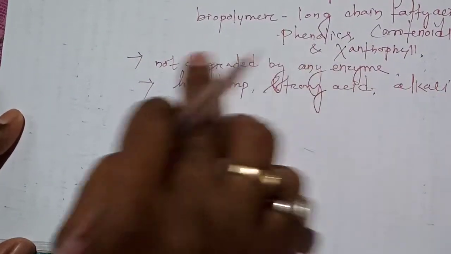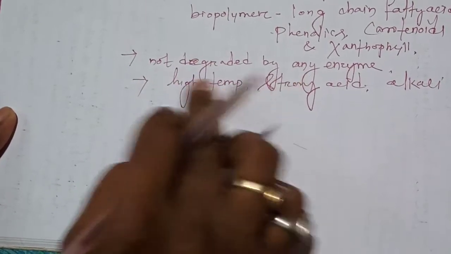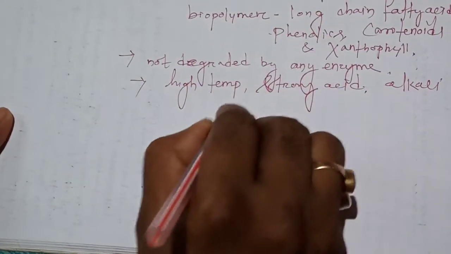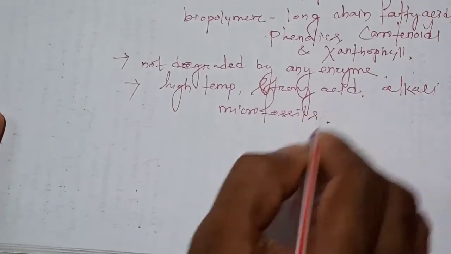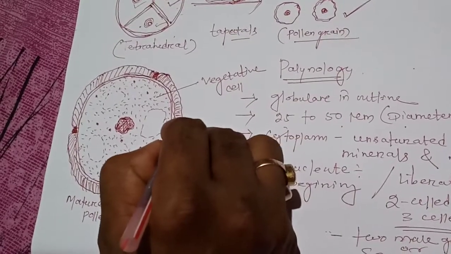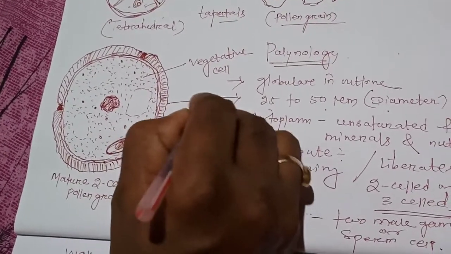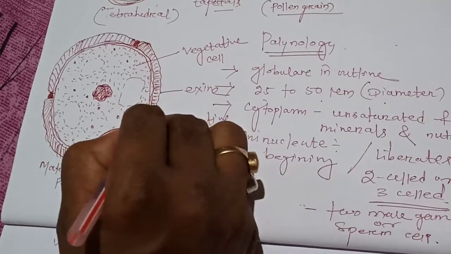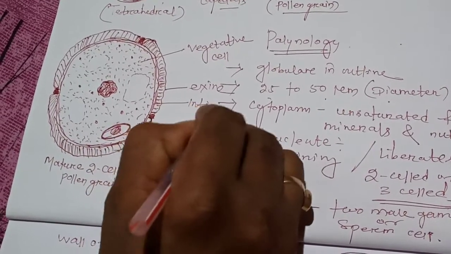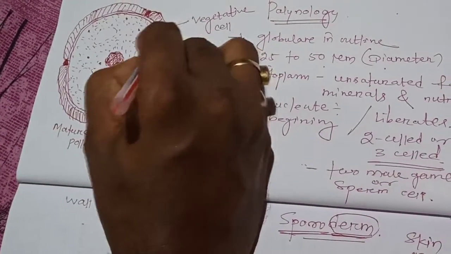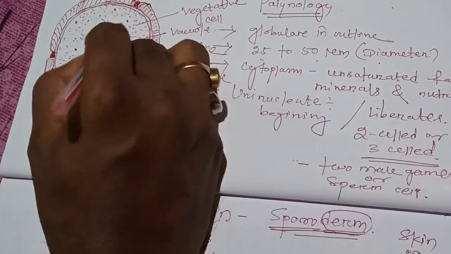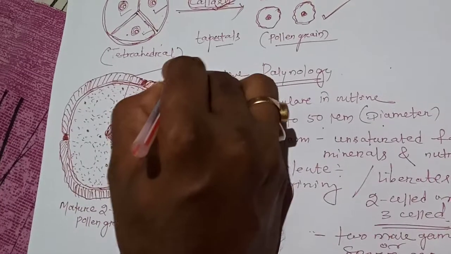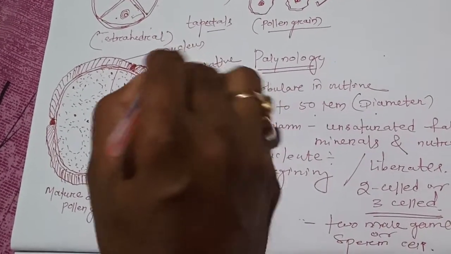Because of these properties, the pollen grains can be preserved as microfossils. Here in the diagram, this layer is the exine and this inner layer is the intine. These are the vacuoles, and this is the nucleus of the vegetative cell.